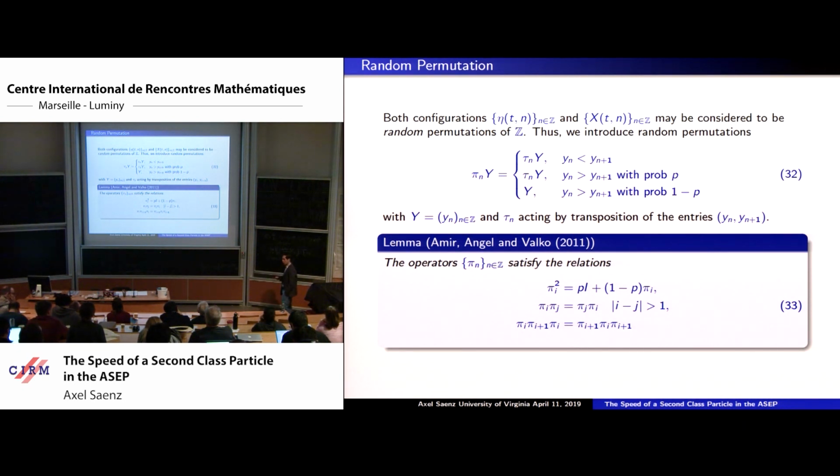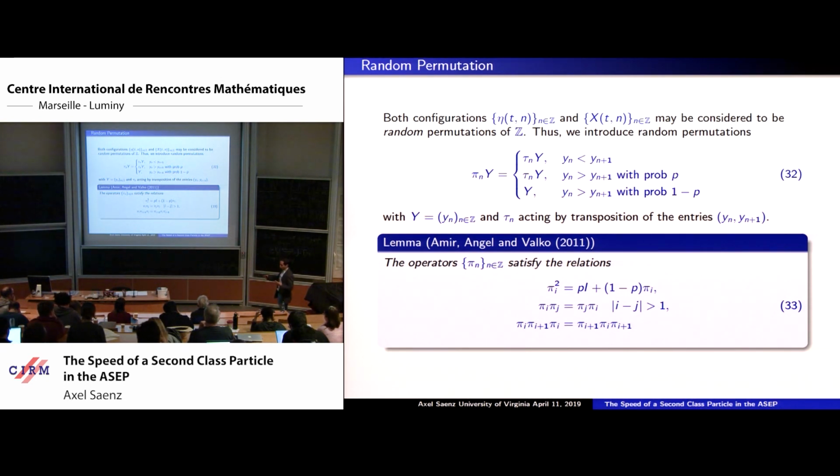So you write your generator for ASEP as a sequence of random transpositions, and in the ASEP speed process paper, they actually show that these random operators satisfy these relations, and this last relation is the Yang-Baxter equation, the intertwining relation, the braid relation, and this is really what powers the result between the two.